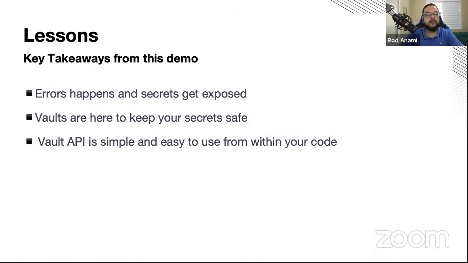So I think we are running out of time. Let me talk about lessons, right? Key takeaways from this demo. First, errors happen, right? It's not something that anybody disagrees with. So with that in mind, what can happen is your secrets, or better said, your application secrets, can get exposed, and that's not good.